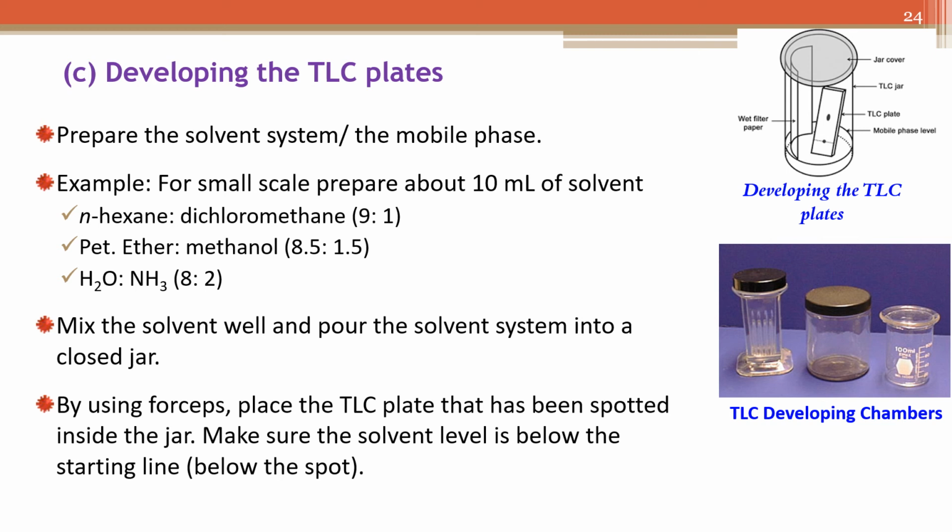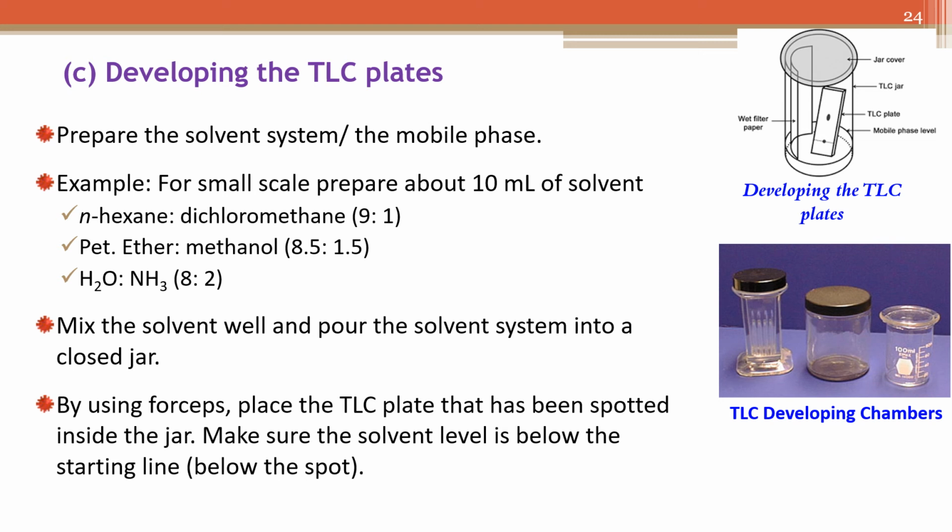You can choose any type of mobile phase that is suitable for the reaction. For example, when you deal with n-hexane and dichloromethane in a 9:1 ratio, and then petroleum ether with methanol, you can see the list here, water and ammonia.